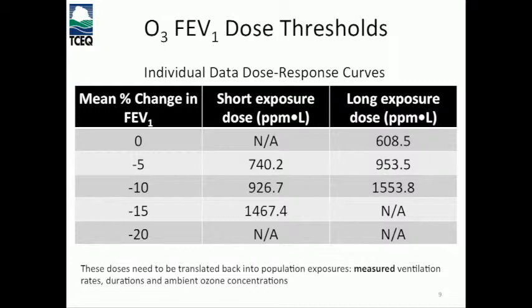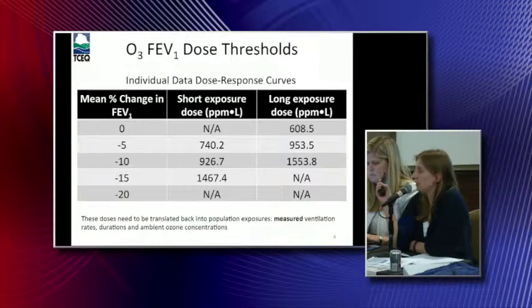For the long exposure, there is no dose threshold for a 15% FEV1 decrement because the responses never go that low for the mean responses. And similarly, there is no dose threshold for the 20% FEV1 changes because the dose response curve never gets down to 20%. The sigmoidal evens out before that.